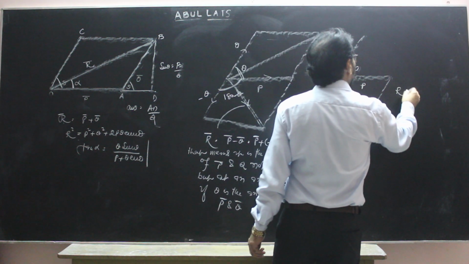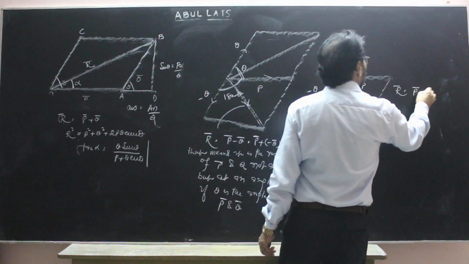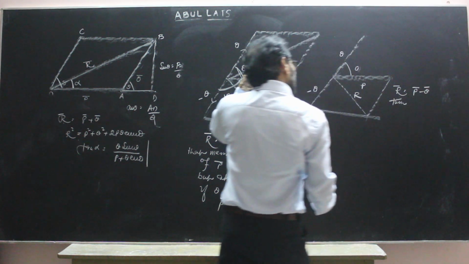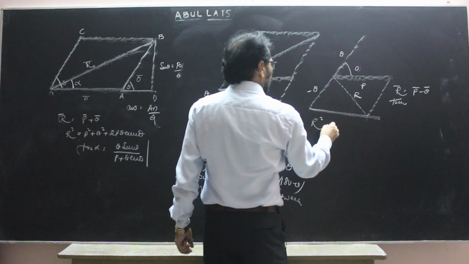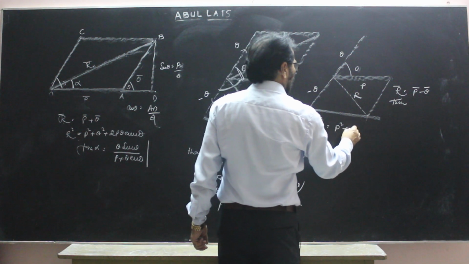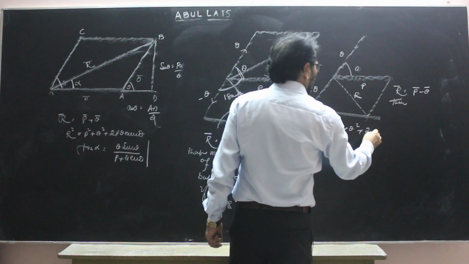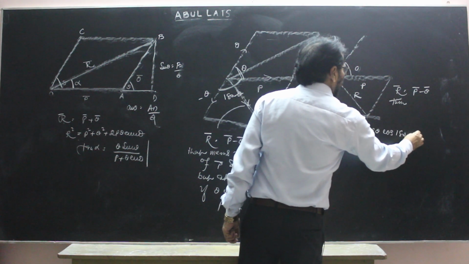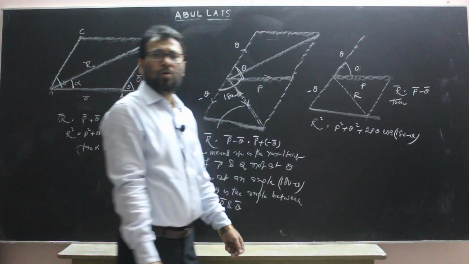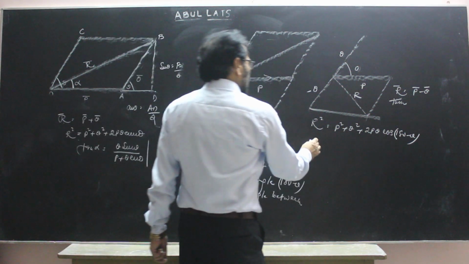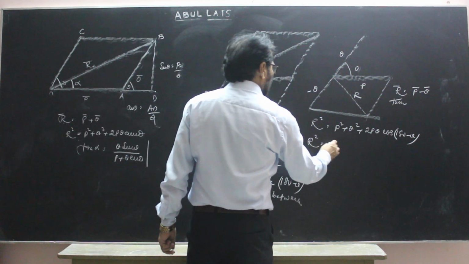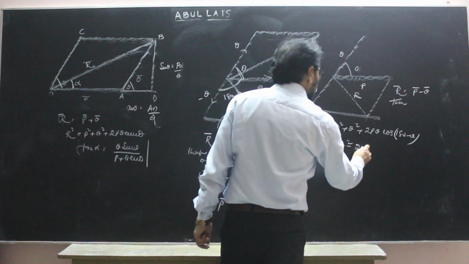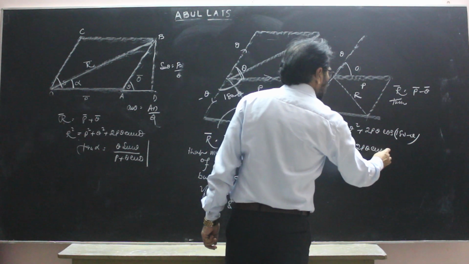Now R is equal to P minus Q, then R square is P square plus Q square plus 2PQ cos of 180 minus theta. Cos 180 minus theta is minus cos theta, so R square is P square plus Q square minus 2PQ cos theta.